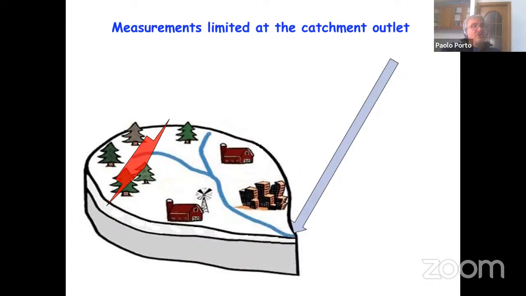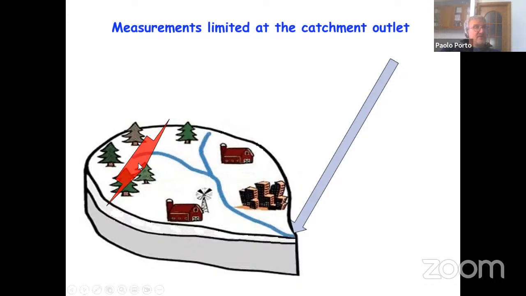And in order to do the calibration exercise, you have to use the data that you have collected only at the catchment outlet, because in general, if you are lucky, you have data only on one point of the catchment, and in general, the measurement point is at the catchment outlet. So if you try to calibrate the model using the measurements at the catchment outlet, these measurements sometimes cannot be very, let's say, trustful, because if the catchment is large, what happens?